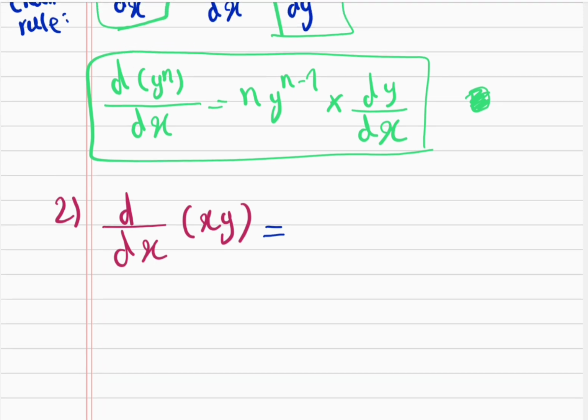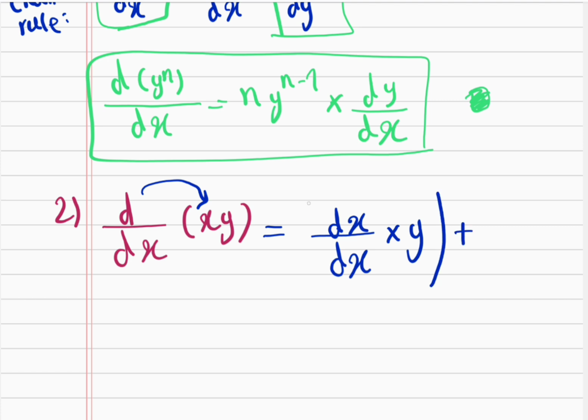To use that, we can start by doing dx by dx of x times y. What I did here was that I applied the differentiation to the first function and then multiplied that by the second one, which is y.